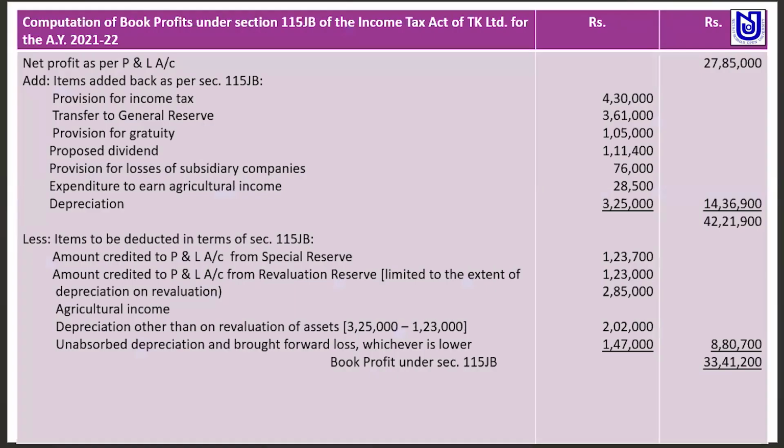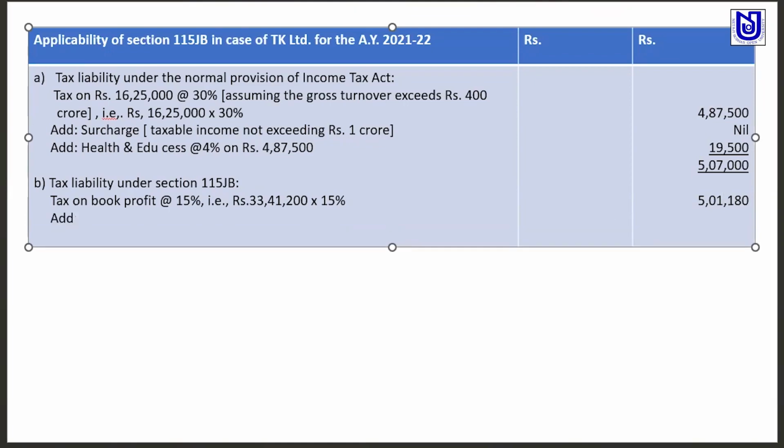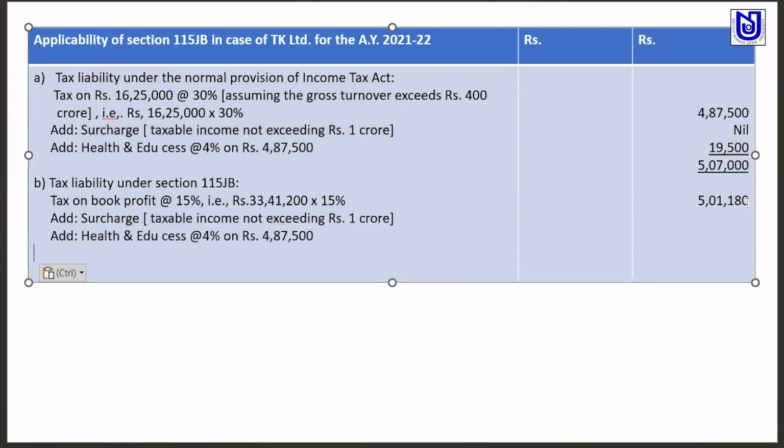We have computed book profit 33,41,200. 33,41,200 into 15% comes to 5,01,180. Add surcharge, which is not applicable, because our taxable income is only 33 lakh, not exceeding 1 crore.